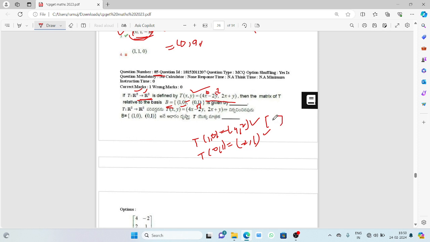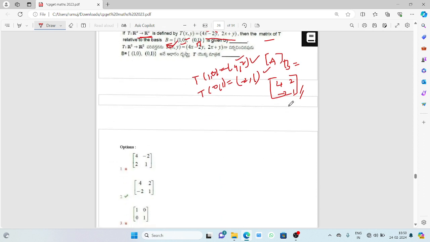Suppose we have a matrix A. Using the basis B, I can write it in matrix form, in row form. That gives 4 comma 2 and minus 2 comma 1.